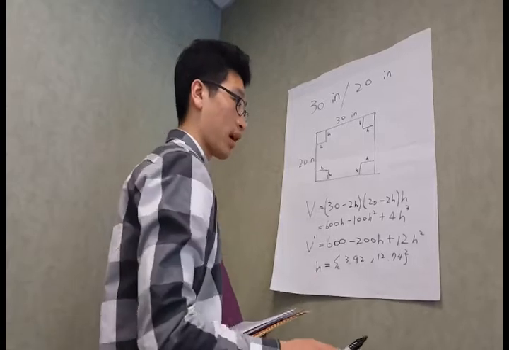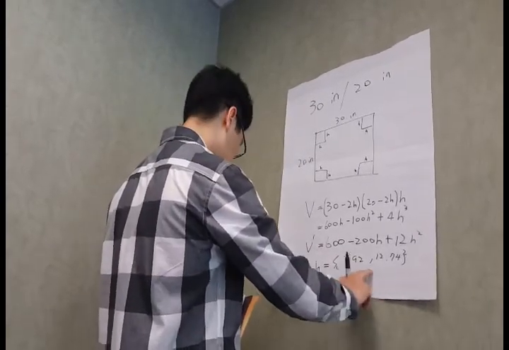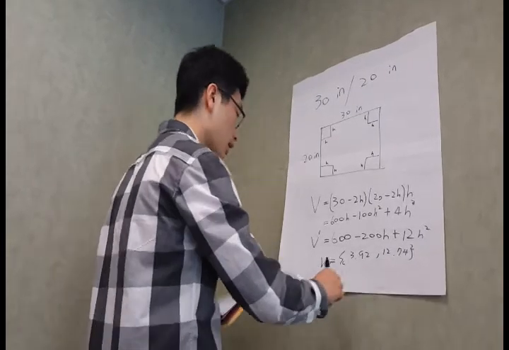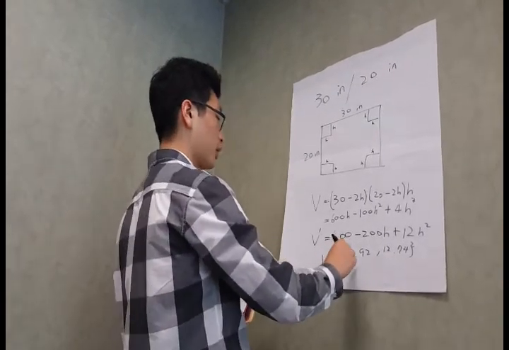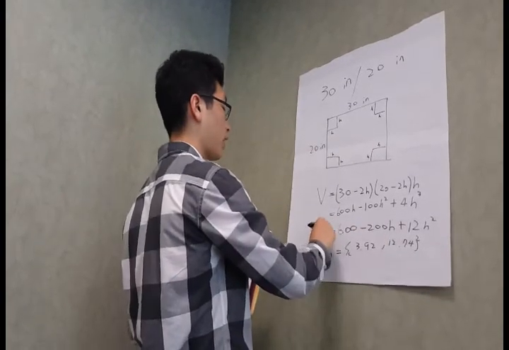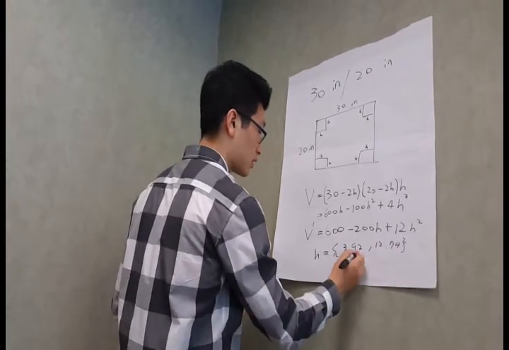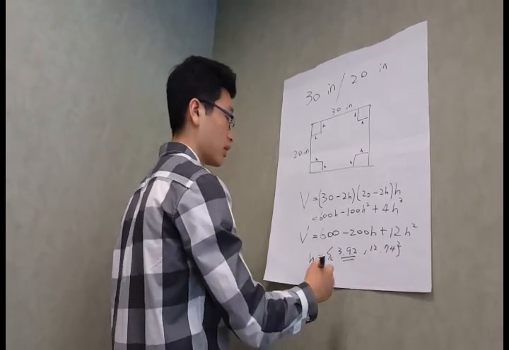Local maximum is when the derivative goes from positive to negative. In this case, at the point 3.92, the value of V prime goes from positive to negative. Therefore, we found that this is the local maximum.